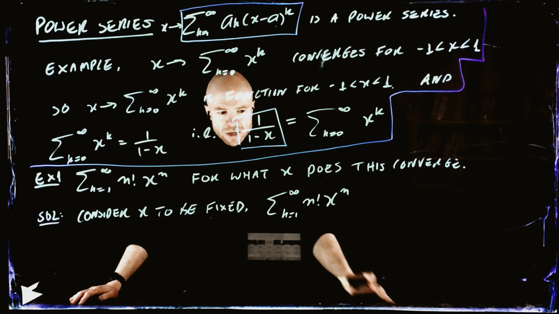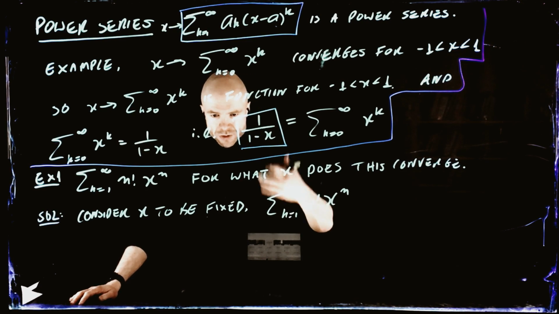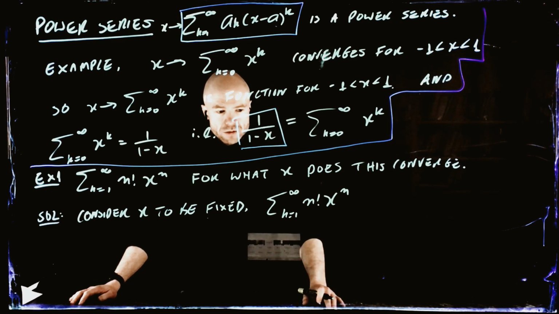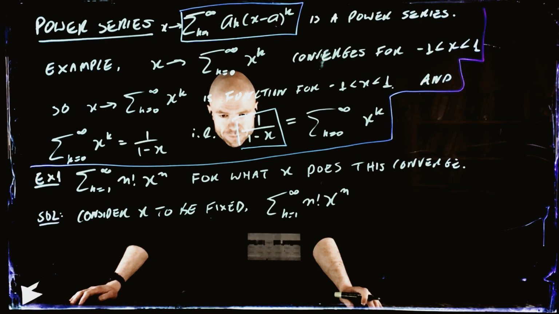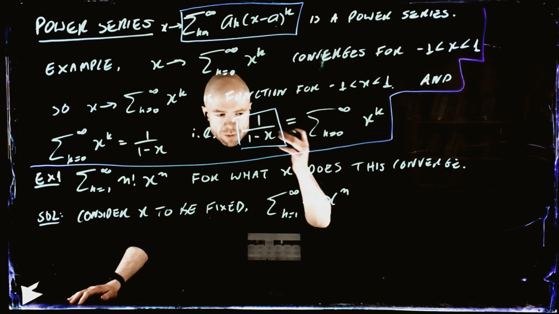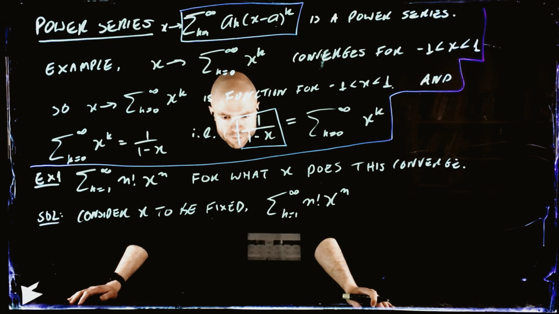Yeah, the ratio test, because we have a factorial that tends to give us good information for the ratio test. What would your guess be about the convergence of this thing? Take some number, pick some number, and then ask yourself, does it converge? What would your guess be? That it doesn't converge.